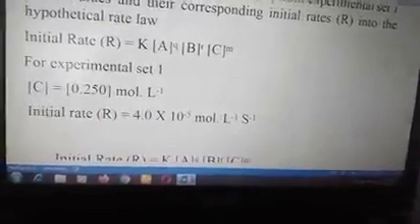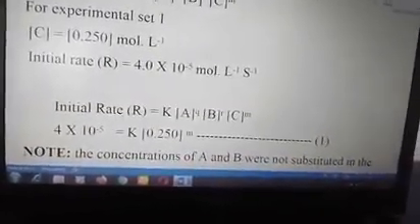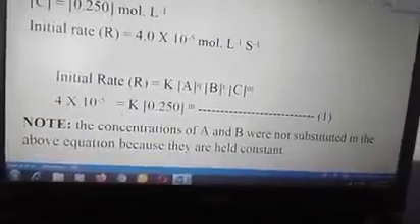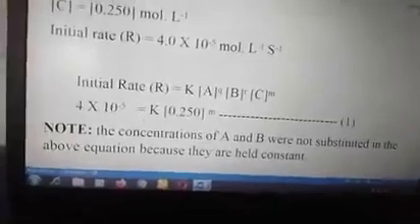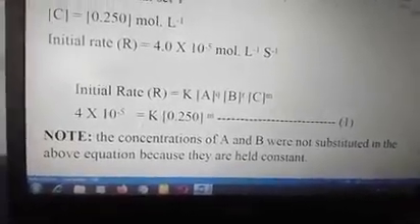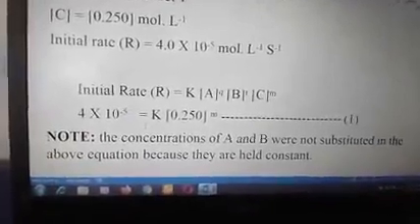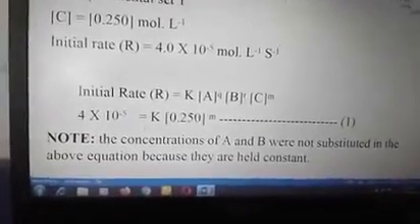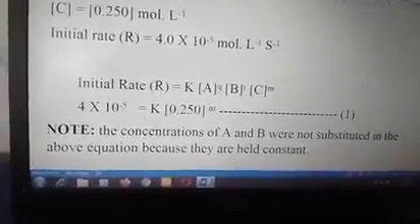Our initial rate is 4.0 times 10 to the power minus 5 mole per liter per second. And then we have the rate law, initial rate equals K, concentration of A raised to the power Q, B raised to the power R, and C raised to the power M. So we ignore A and B and make do with C.